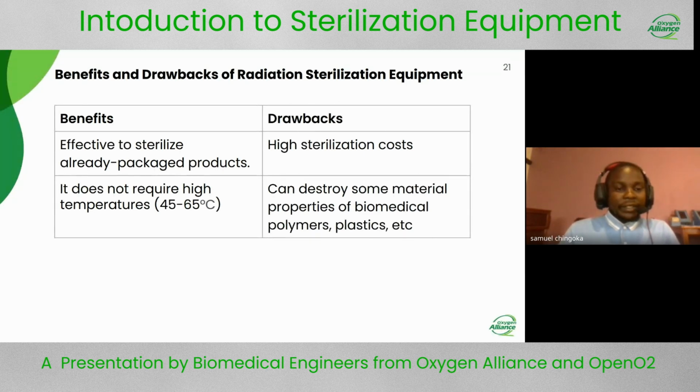Under the benefits, this method of radiation is effective for sterilizing already packaged products. In a manufacturing setup, that's an advantage, because after every process they have packaged their products.